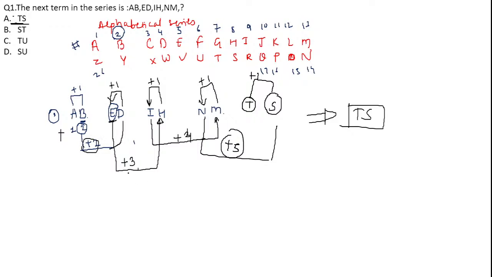I will explain this question again. The next term of the series we have to find: AB, ED, IH, NM. The fifth string we have to find.